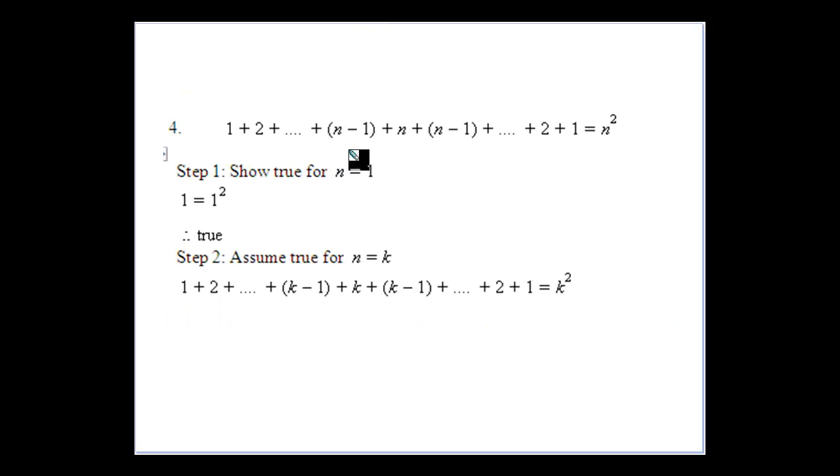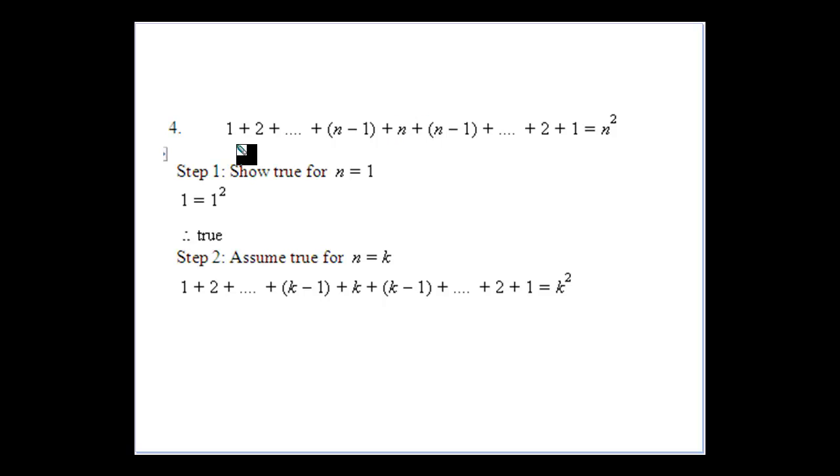Question 4 is a little bit harder. Again, we're going to have to look at the manipulation and we've got to understand the series here. So the series goes up and we add the first n integers and then we start to subtract 1 away and we go back down to 1.